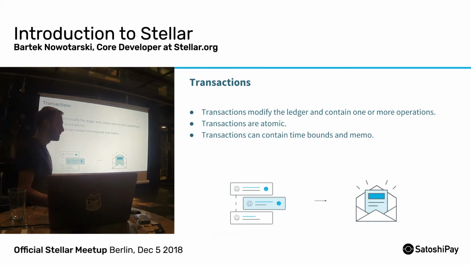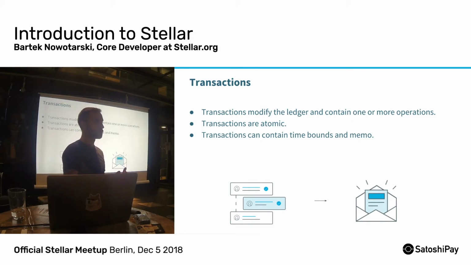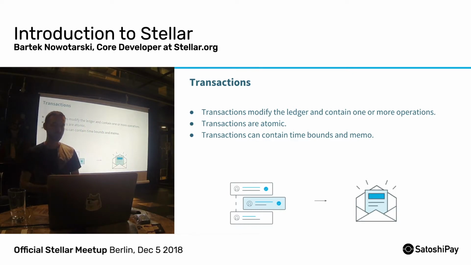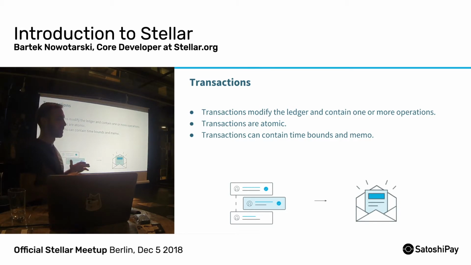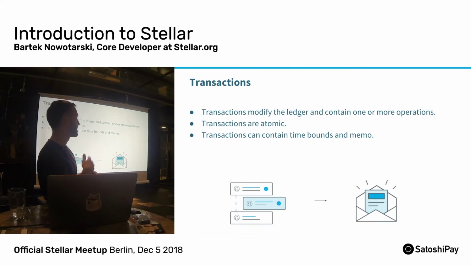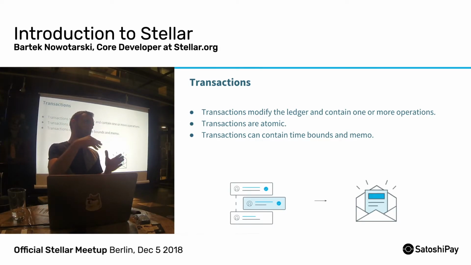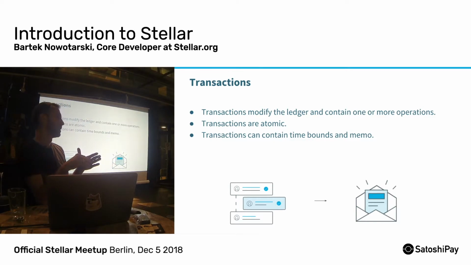Transactions. Obviously, we need some way to modify the ledger, right? To do it, accounts can create and submit transactions. The concept of transactions is slightly different than in Bitcoin or other cryptocurrencies, because transactions must also contain operations, and operations are the actions that modify data in a ledger.